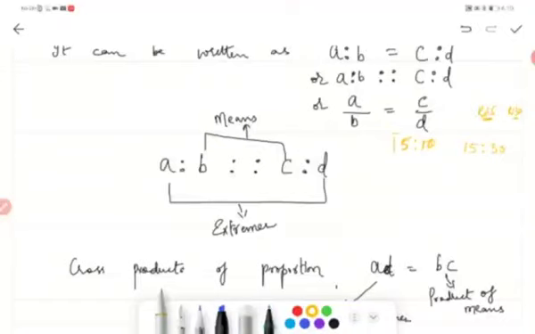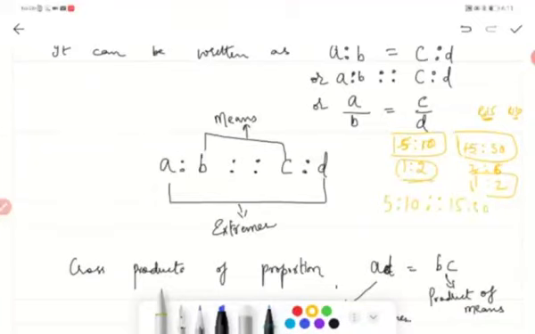Now if I reduce these two ratios to their lowest form, 5 ones are 5, 5 twos are 10, so I'll reduce 5:10 to 1:2. What about this? 5 threes are 15, 5 sixes are 30, so 3 ones are 3, 3 twos are 6. For this also I'm getting 1:2. So I can say these two ratios are in proportion to each other, isn't it?